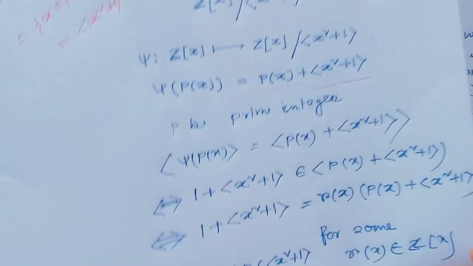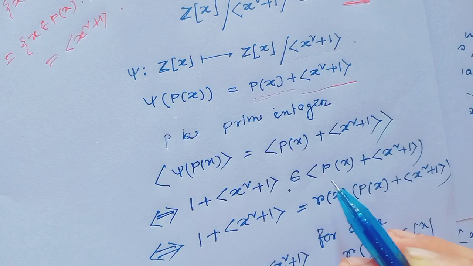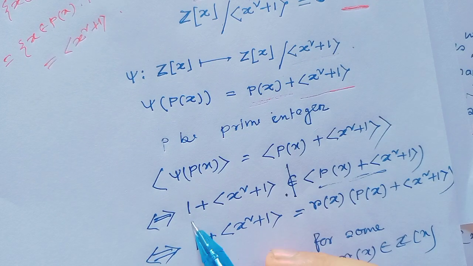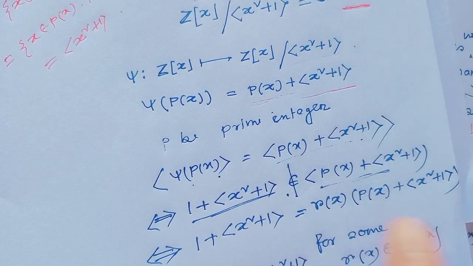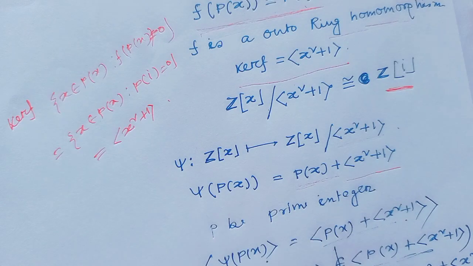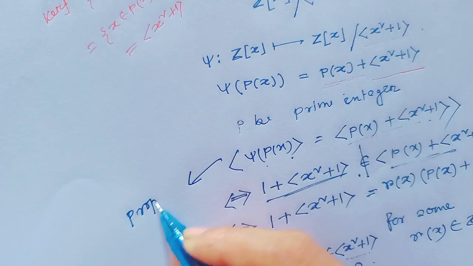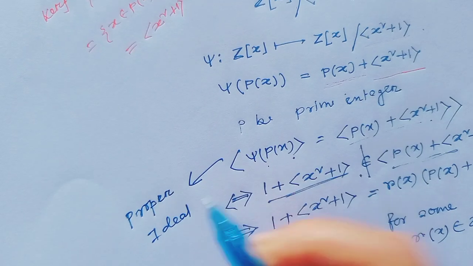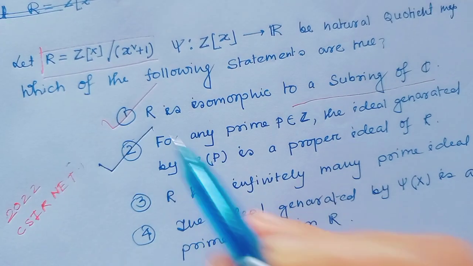Therefore, 1 plus the ideal generated by x square plus 1 does not belong to this ideal, so obviously this type of ideal is a proper ideal, by this evaluation mapping. That means option 2 is also a right option.